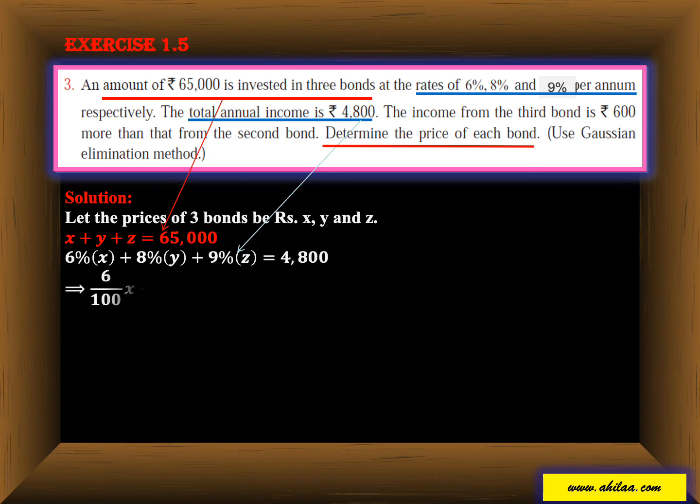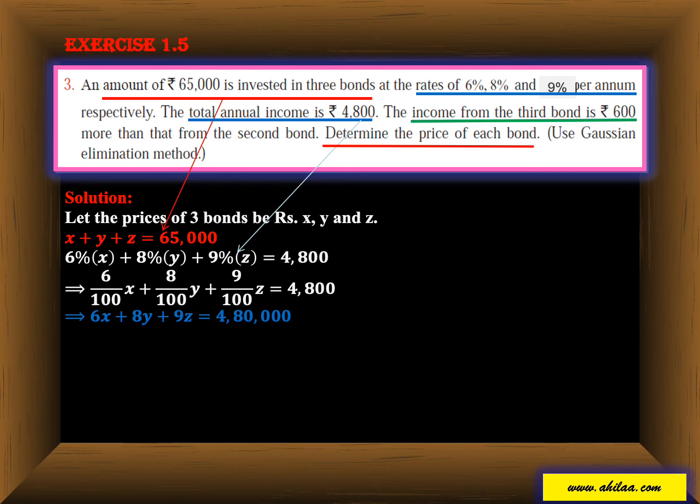What is 6%? 6 by 100 into X. Similarly, plus 8 by 100 into y plus 9 by 100 into z equal to 4800. Now take LCM in the left hand side. We are getting 100 and cross multiplying we will be getting the equation as 6x plus 8y plus 9z equal to 4,80,000.